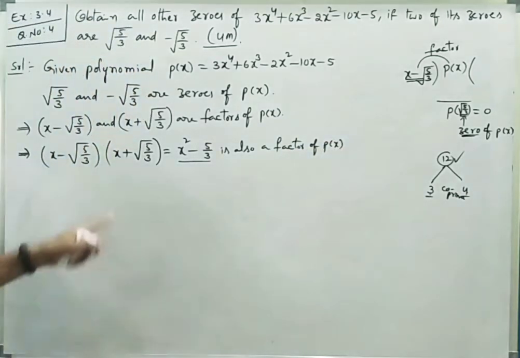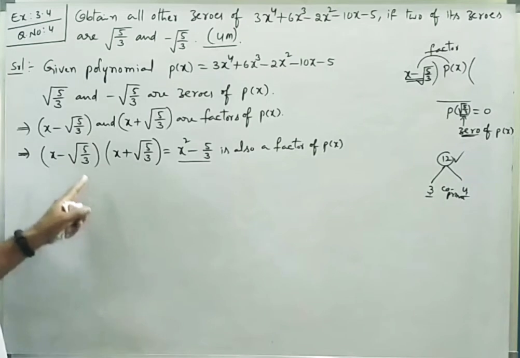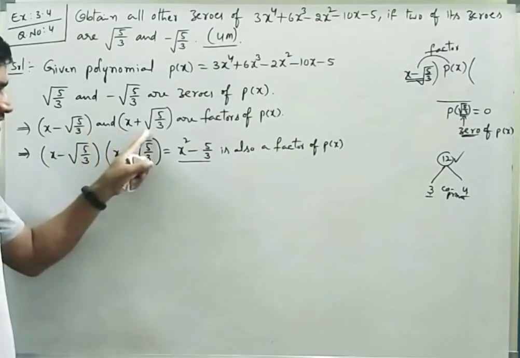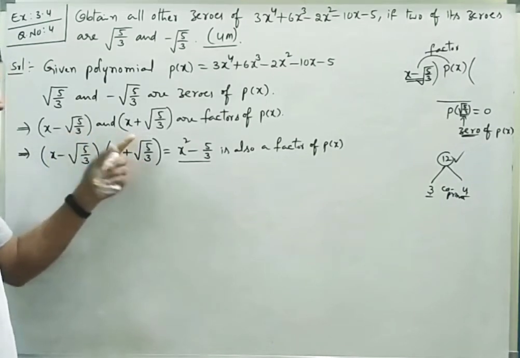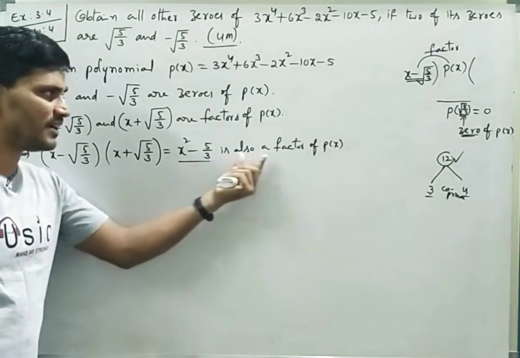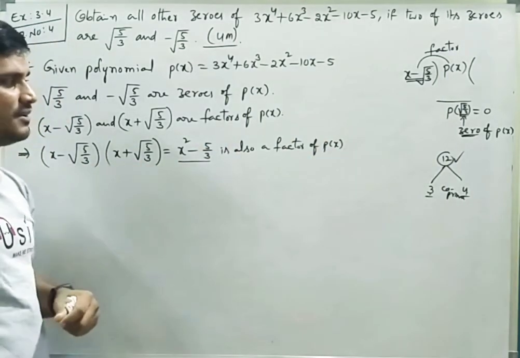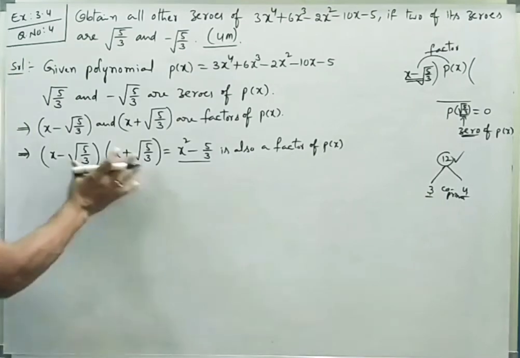So here we have to understand this step: if two factors are co-primes, then their product is also a factor of the polynomial. So you have to understand this one.